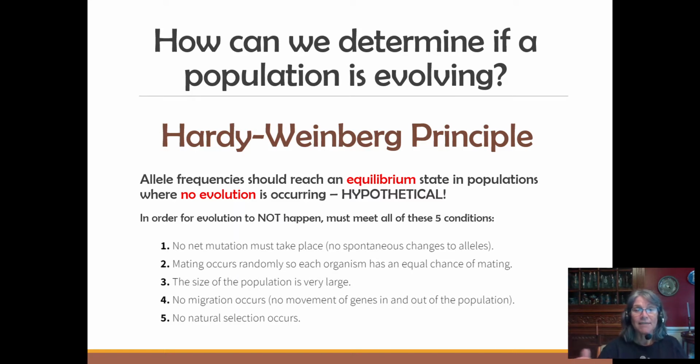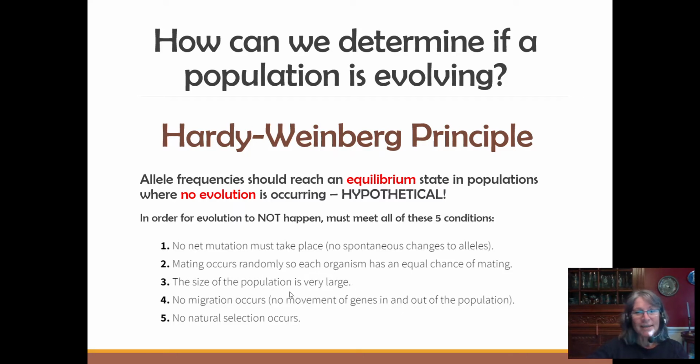So that bottleneck effect: I have a large population, then suddenly it narrows down and is very small. So only a few individuals' alleles can be represented in future generations. With small populations, these changes get magnified. So I need a large population for no net change in allele frequency to occur.